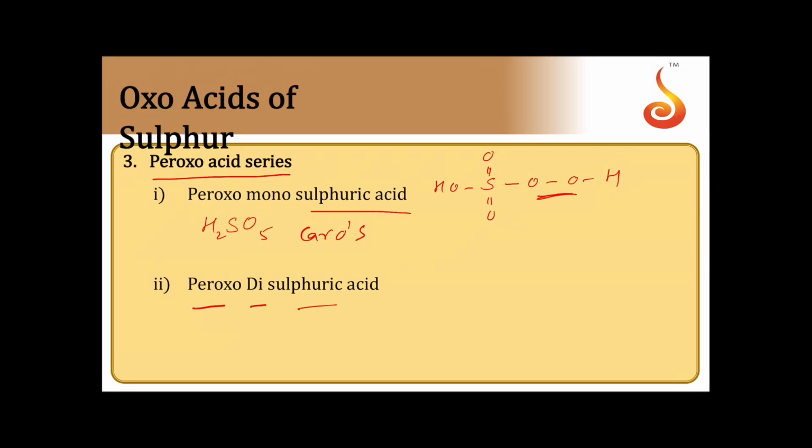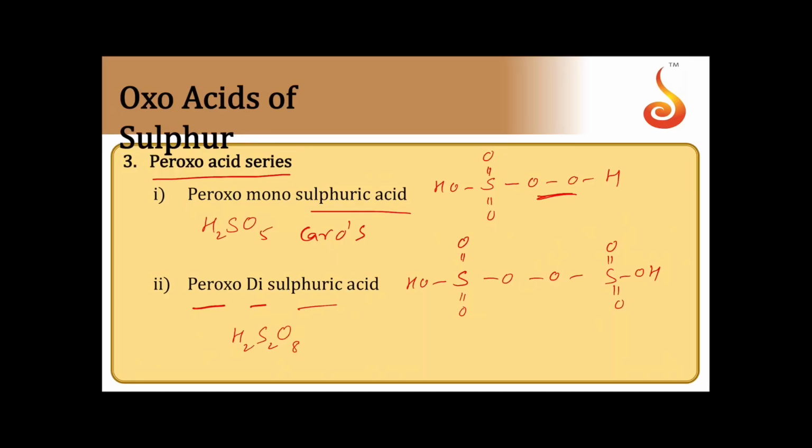Peroxo disulfuric acid means it has two sulfonic groups, but only one peroxy bond, as in the case of Caro's acid. So two sulfonic groups, SO3H groups here, one peroxy bond here, one more sulfonic group we have. This is H2S2O8.